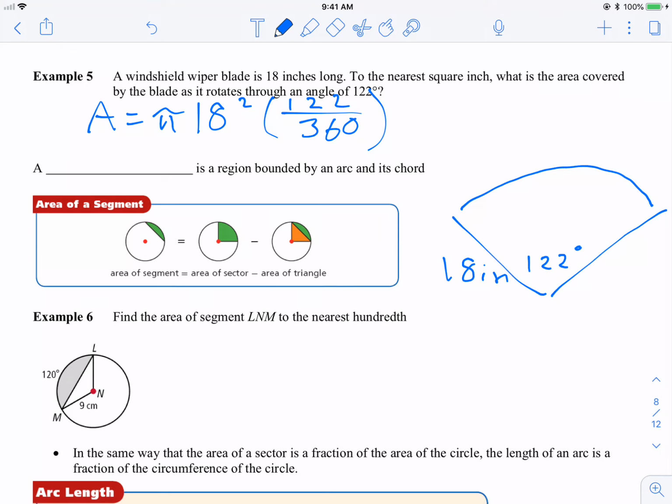And because we don't really care about our answer in terms of pi, we could just type all of this in carefully on our calculator, especially careful with that fraction, and we'll multiply these together. And for a rounded answer to the nearest square inch in this case, so our nearest integer value, we are looking at 345 square inches.